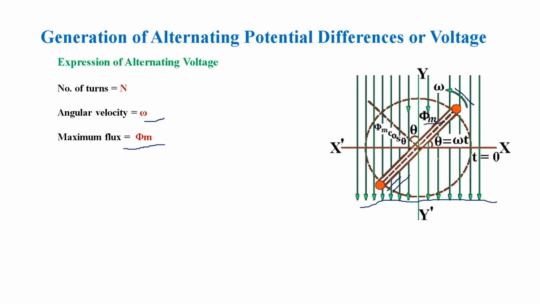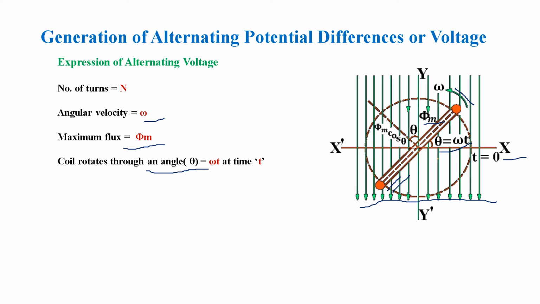Now time is measured from the x-axis. In time t seconds, the coil rotates through an angle theta, which equals omega t.